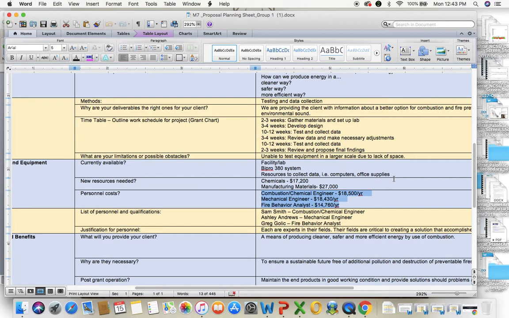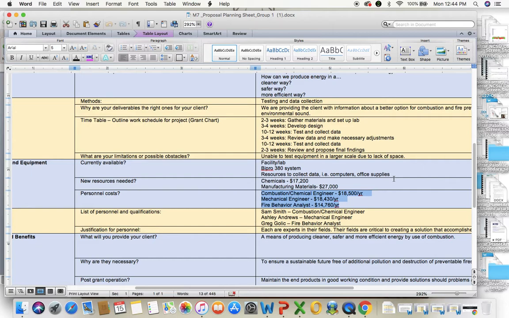That's like they'd be living on the streets. So you really want to Google like chemical engineer salary. That's probably what I would do if these are the types of personnel that you think need to be hired.